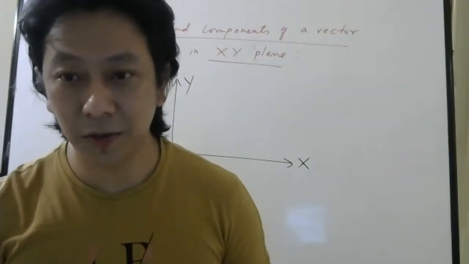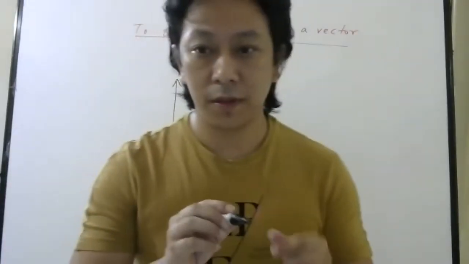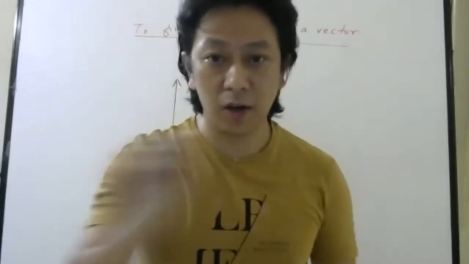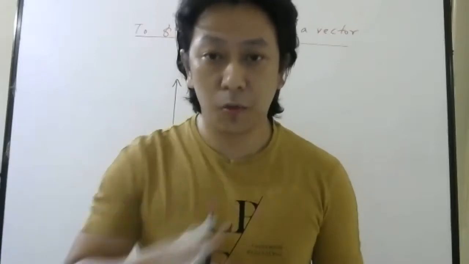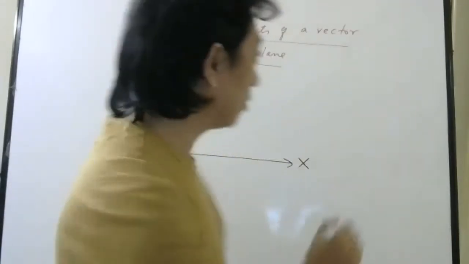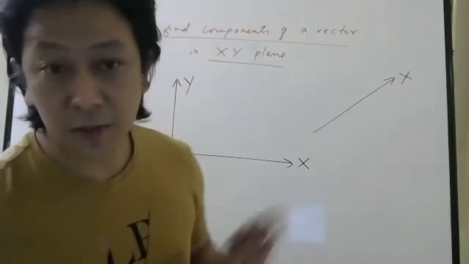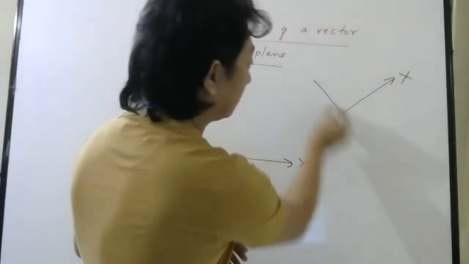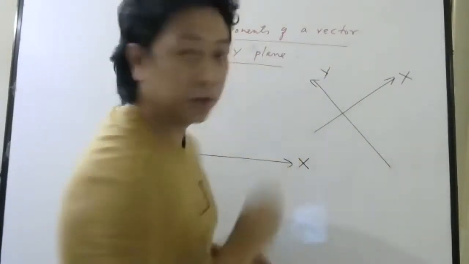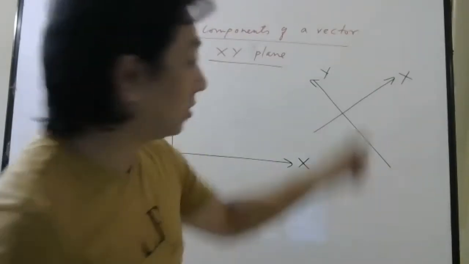If you keep x-axis along the horizontal, y-axis should be along the vertical. But you can also keep x-axis here. In that case, your y-axis will be here. So don't think I may do it for this, but we will later on apply for this also.